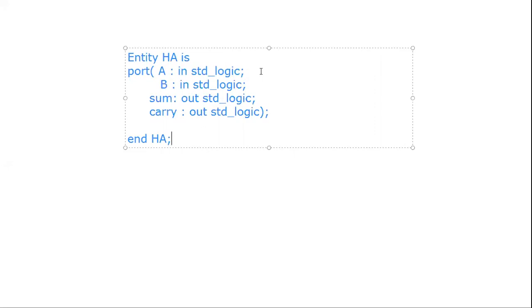U, X, underscore, W. Okay, so these are 9 multi-value logic levels, standard logic. So this is the entity for our half adder circuit. So now we will see the data flow modeling architecture.